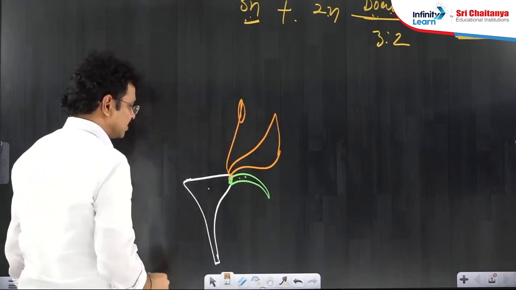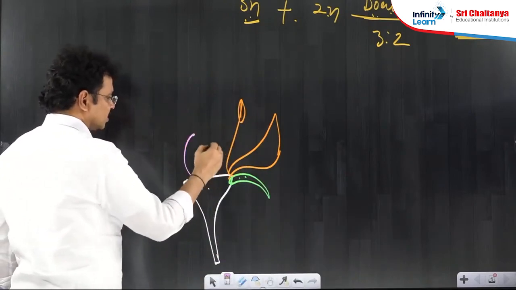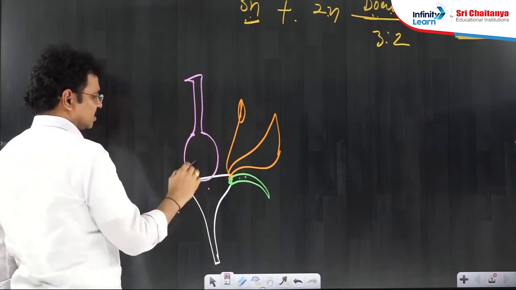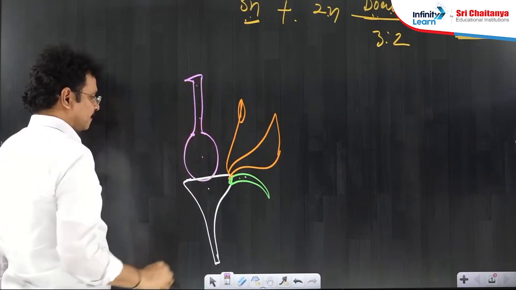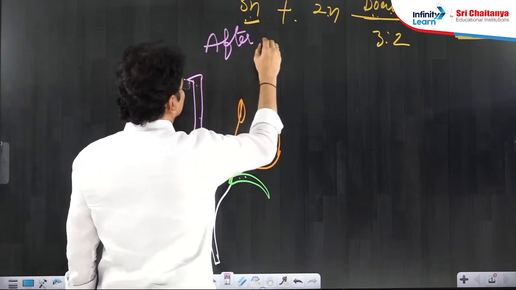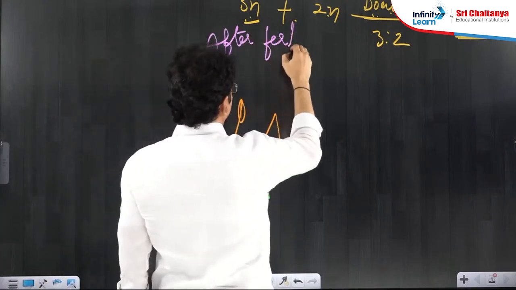Third whorl, stamens, the androecium. Last whorl, gynoecium with carpels. In every carpel, three parts are there: ovary, style, stigma. After fertilization, only one structure remains; all others fall down.